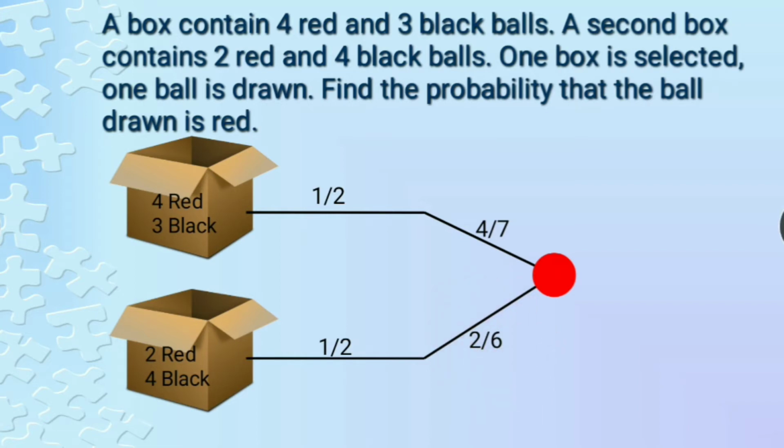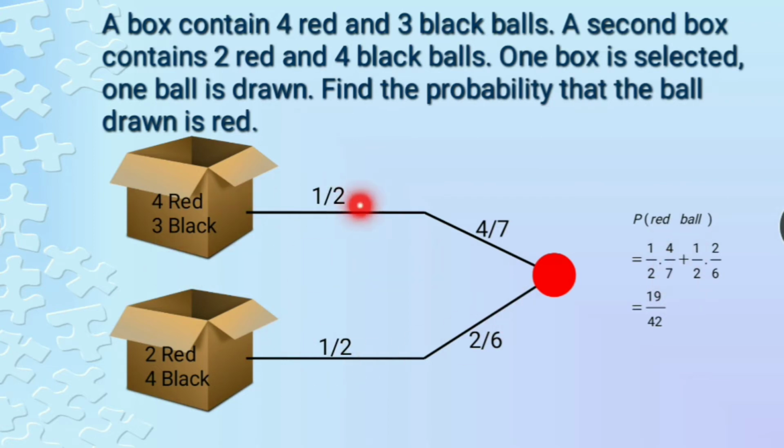So now the total probability of drawing the red ball in such a situation is 1 by 2 multiplied by 4 by 7 plus 1 by 2 multiplied by 2 by 6. Because either this thing will happen or this thing will happen. So for the or case we have plus.